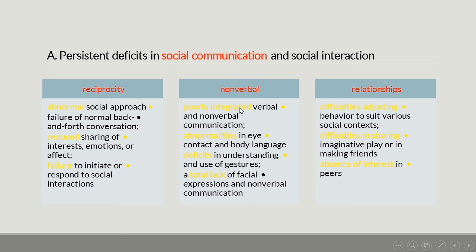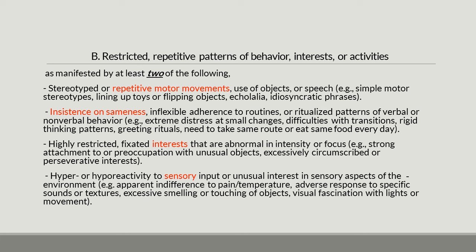The non-verbal communication may be poorly integrated with the verbal, so it is not matching the verbal, or there may be abnormalities in eye contact or body language, or deficits in understanding and use of gesture, or total lack of non-verbal communication. This, of course, will be reflected in relationships when there are difficulties starting, difficulties sharing, or complete absence of interest in relationships.